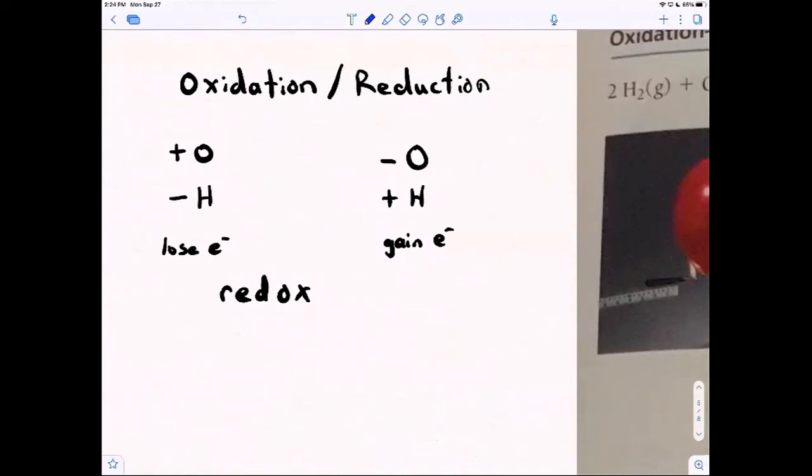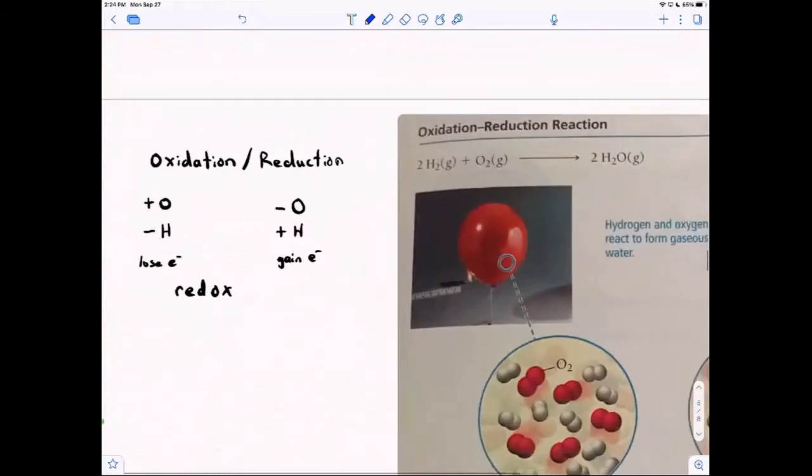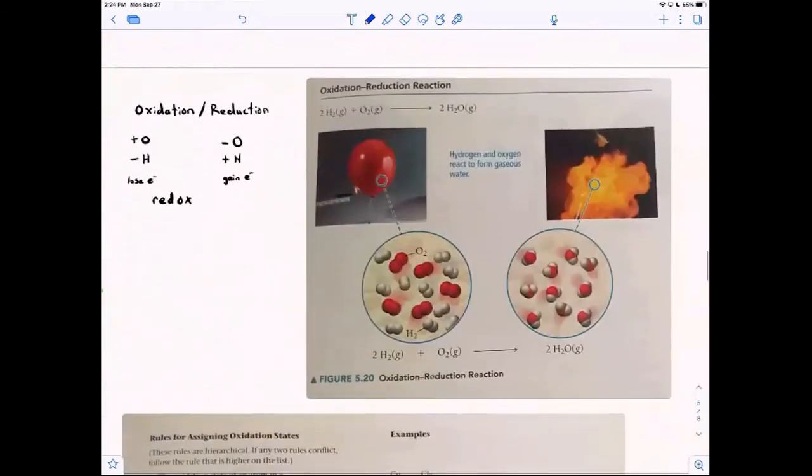Whenever you have oxidation, you have reduction, and whenever reduction happens, you have oxidation. It's keeping track of where the electrons are flowing. Since these reactions happen together, we call them redox reactions. You could call it ox-red, but redox sounds better for some reason. So if you ever see redox, that's short for oxidation reduction.